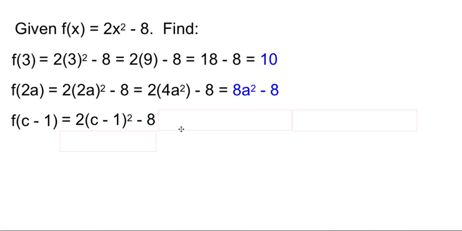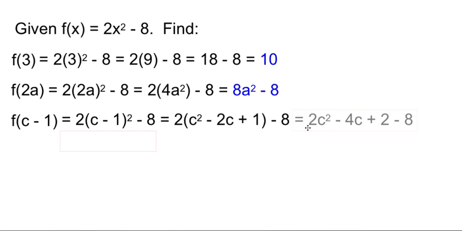That's not the case. You need to remind yourself what it means to be squared. Squared means times itself. So I took c minus 1 times c minus 1 and distributed and got c squared minus 2c plus 1. I've still got 2 times this quantity, so I need to distribute the 2. And then I can collect the 2 and the negative 8, and I end up with 2c squared minus 4c minus 6.